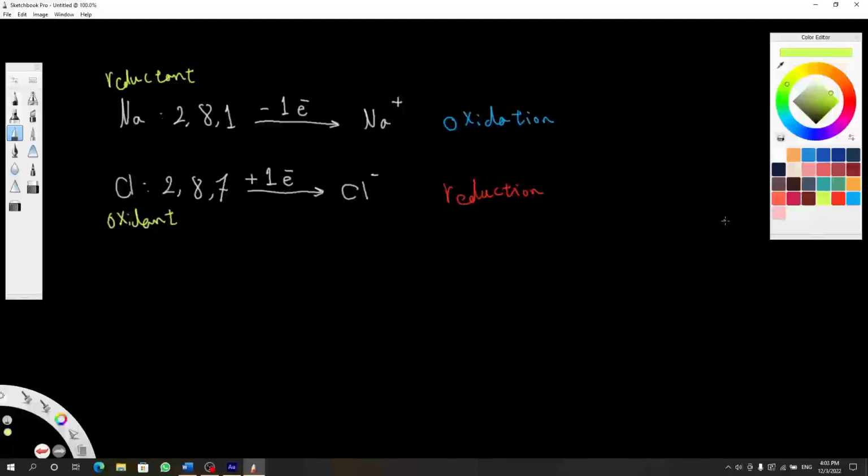You can always remember this rule, that oxidation is loss of electrons and reduction is gaining of electrons, through this mnemonic: OIL RIG. Oxidation is loss of electrons, reduction is gain of electrons.